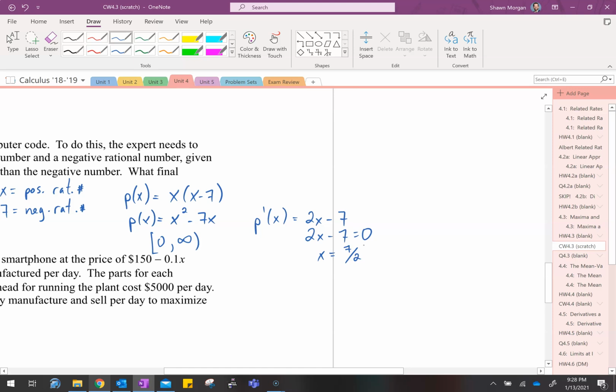If x equals 7 halves, that's my positive rational number. 7 halves minus 7 would be negative 7 halves.